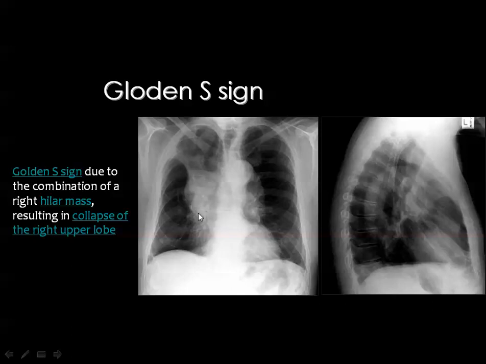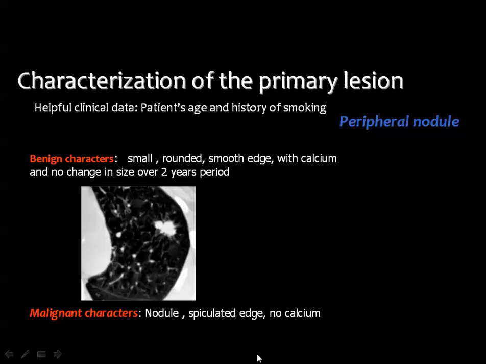Then the remaining part of the letter S is the mediastinal border below the level of the bronchogenic carcinoma. This is one of the findings that you may see in the plain film, and based on this, you consider a central mass with lobar collapse in an adult as a sign of bronchogenic carcinoma until proved otherwise.